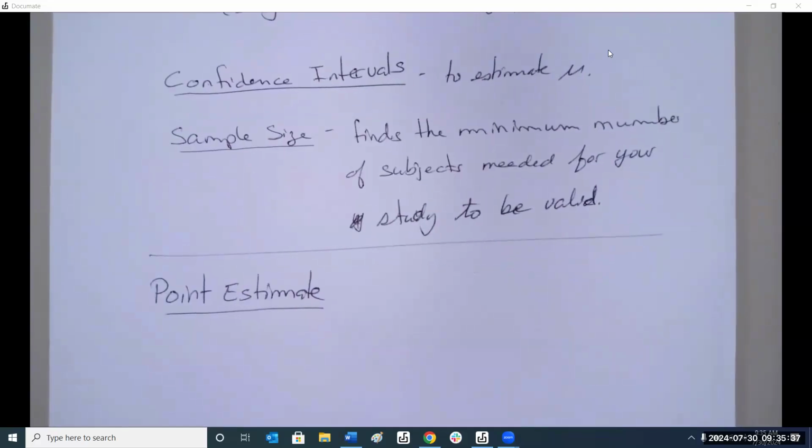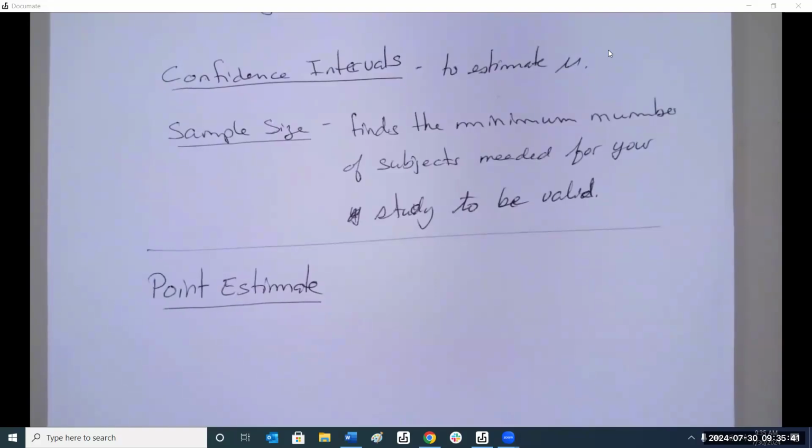The point estimate. What exactly is a point estimate? Basically, remember, we're using one point, one number, one value to estimate the population.